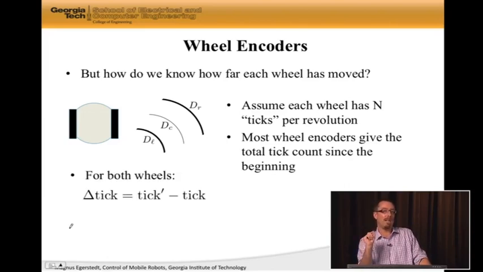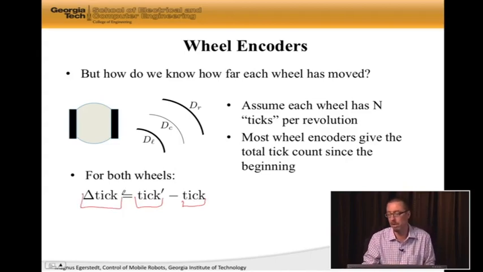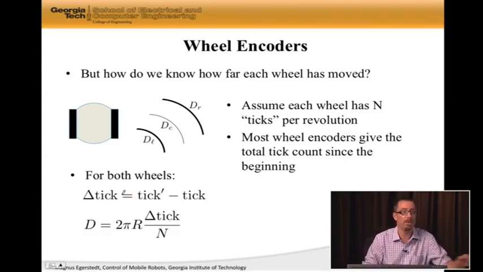So the update, I'm writing it for both wheels. This is for the left wheel and the right wheel. So you could write a little subscript, delta tick R or L if you want. But for both of these wheels, you take the old total tick count and subtract it away from the new total tick count. So this tells me the tick count during the time interval you just looked at. And then based on that, you can very easily compute the distance that wheel has turned.